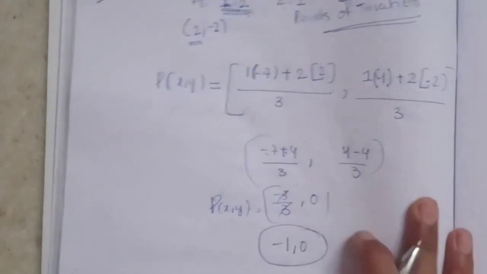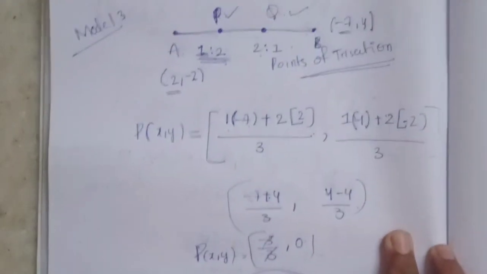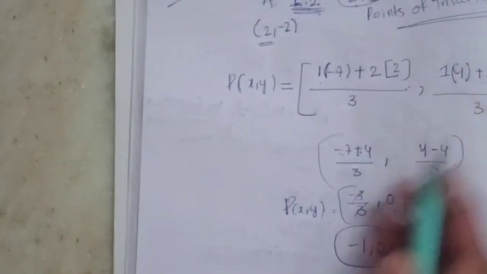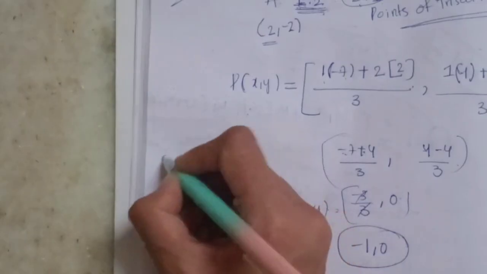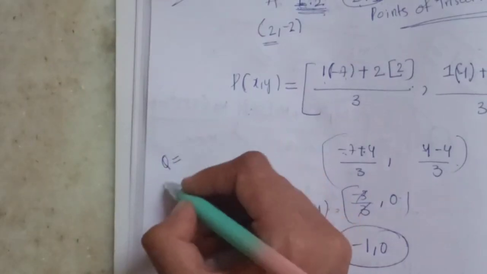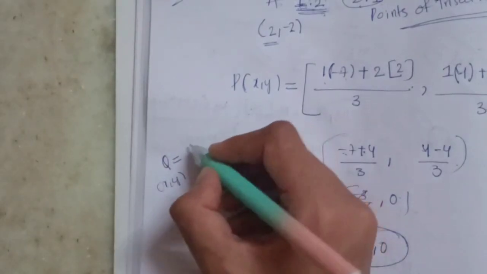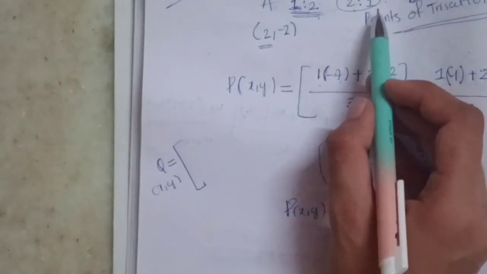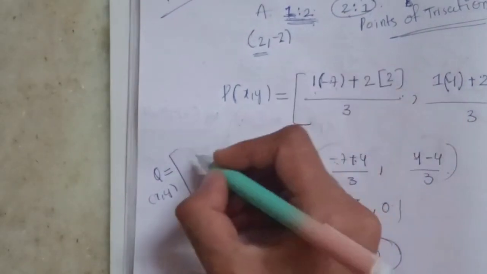Minus 1 comma 0. Likewise, let us find out Q. Okay, its ratio is 2 is to 1. So Q, here x comma y is equal to M1. What is its M1? Its M1 is 2.